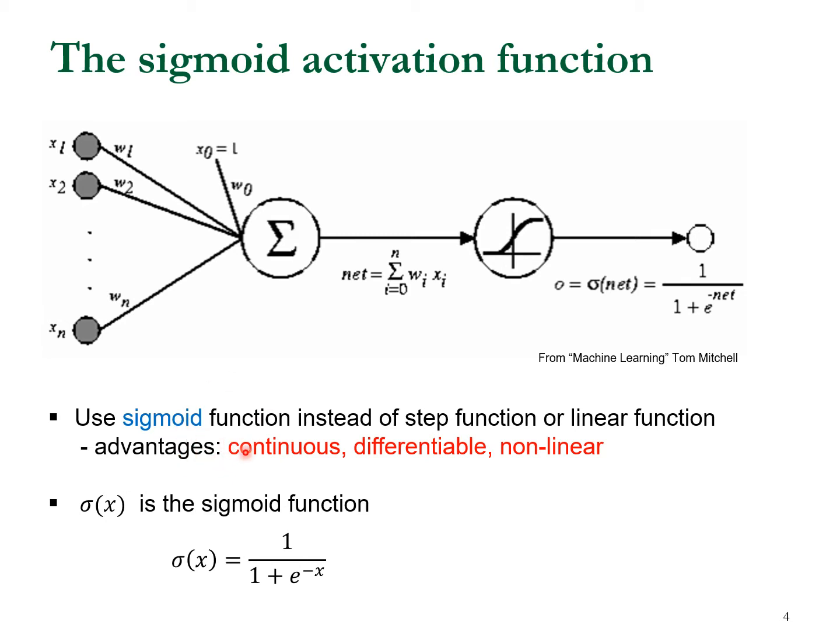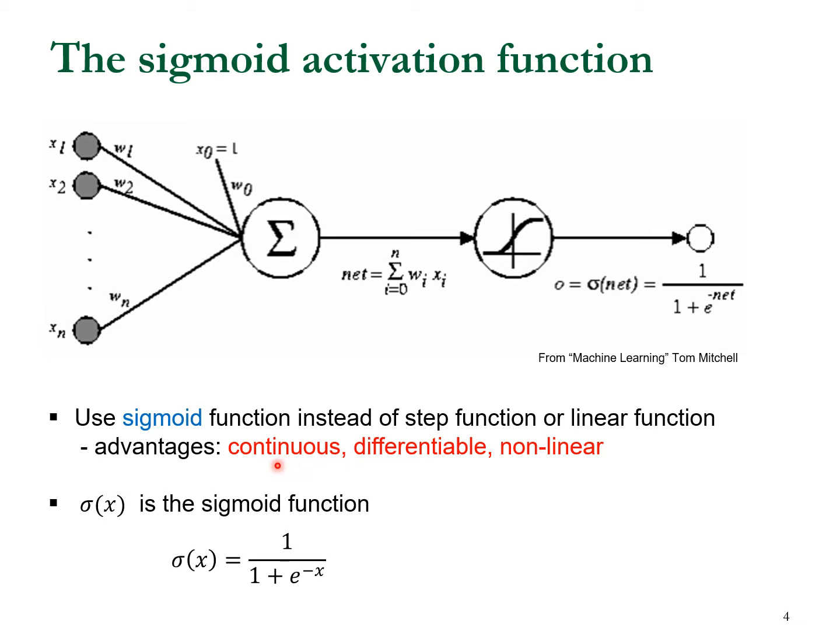First, it is a continuous function, as you can see, and it's also differentiable. Because it is continuous and differentiable, we are able to use the gradient descent method in the backpropagation algorithm. That enables us to use gradient descent in backpropagation.